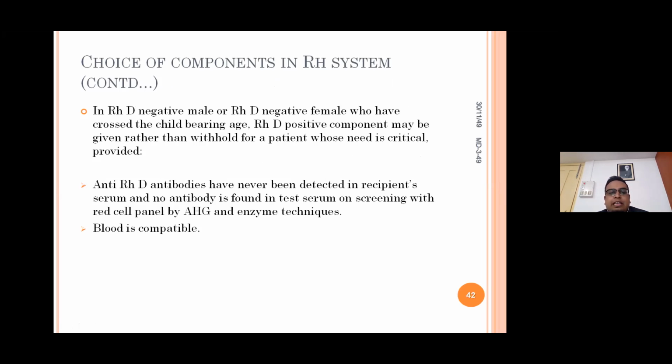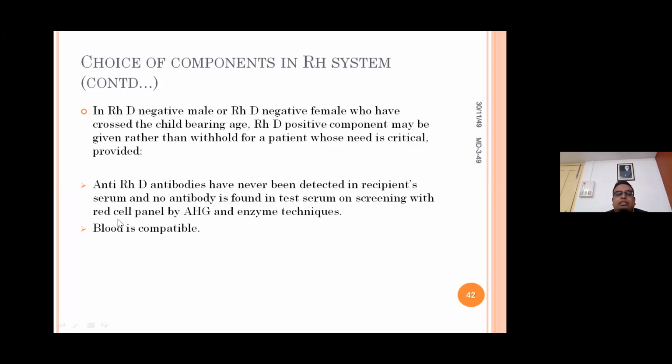And in an RHD negative male, or an RHD negative female who has crossed the childbearing age, RHD positive components may be given rather than withholding them from the patient, for those whose need is critical, provided that RHD antibodies have never been detected in the recipient serum and no antibody is found in the test serum on screening with Coombs test.